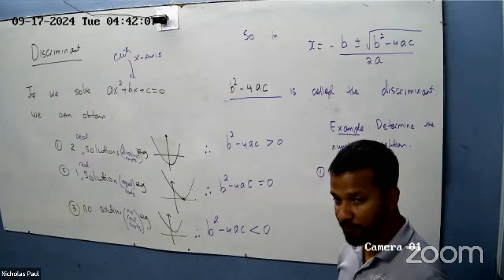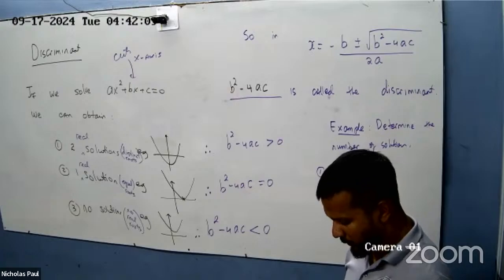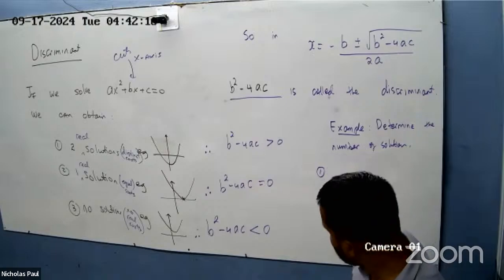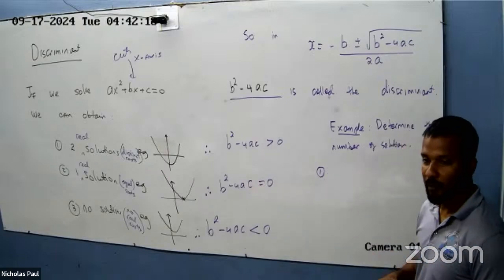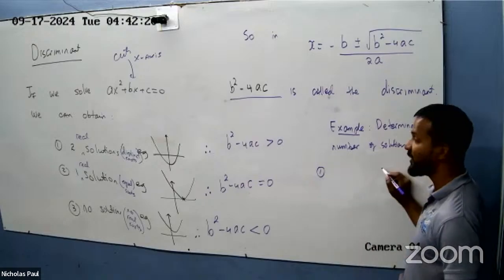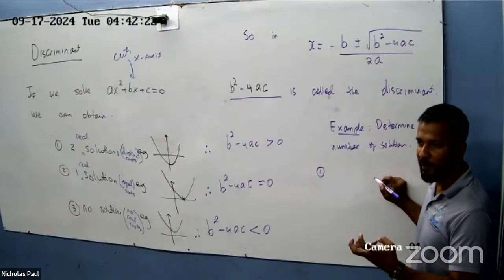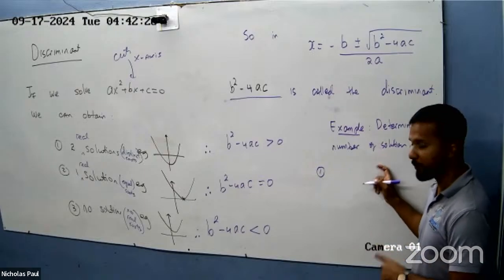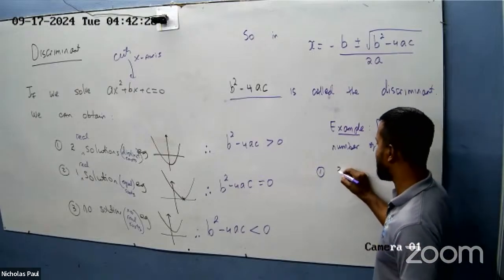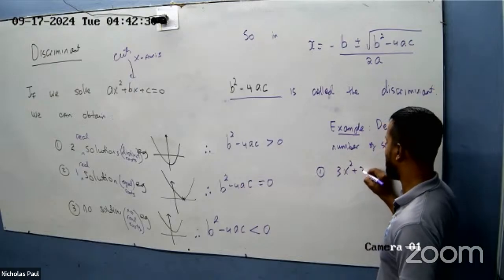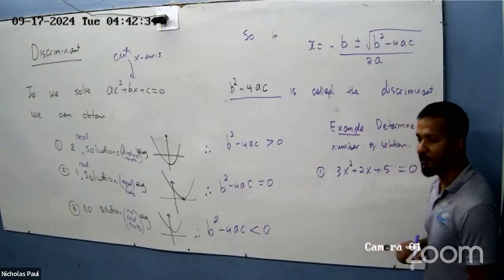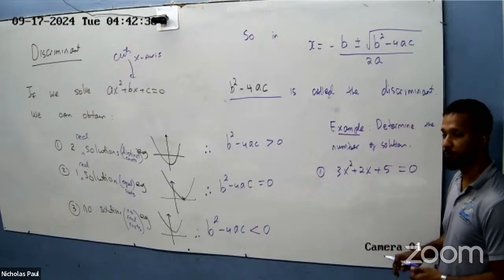Since Nathan finished, Nathan will come and do this one first. All I want to know is the number of solutions. Remember, sometimes they say roots instead of the word solution. So how many solutions do we get in here?